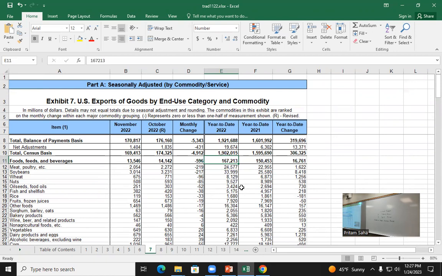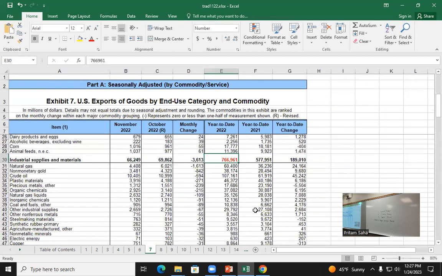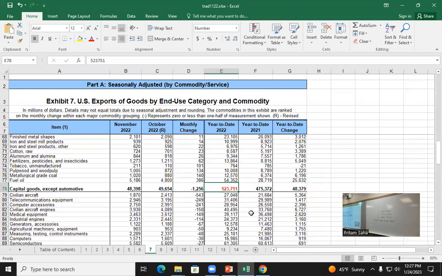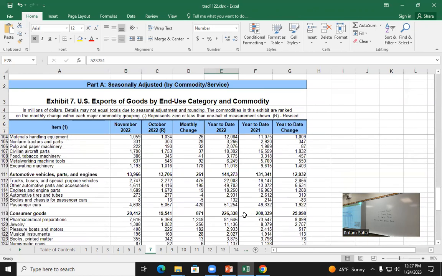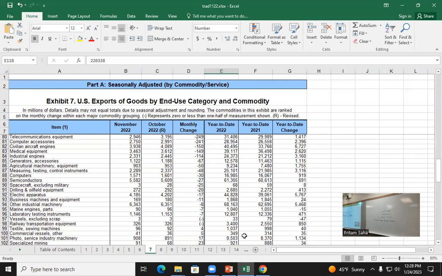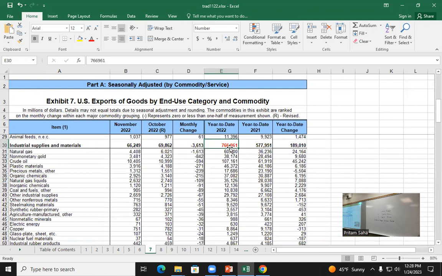So this is the export amount for foods and beverages, industry supplies and materials, capital goods, and this is automobiles and consumer goods. So in short, the goods that the US exports are basically capital goods and industry supplies. These are the two major items that the US exports to foreign countries.